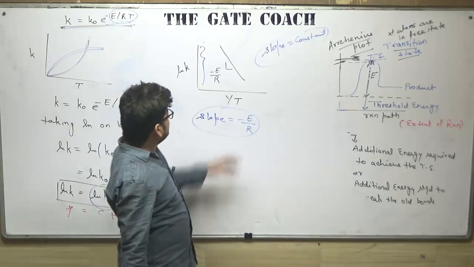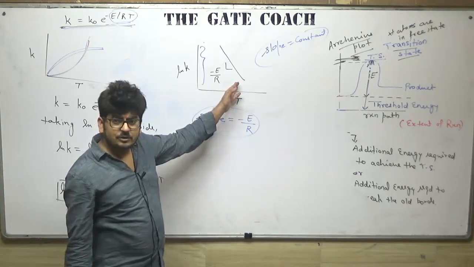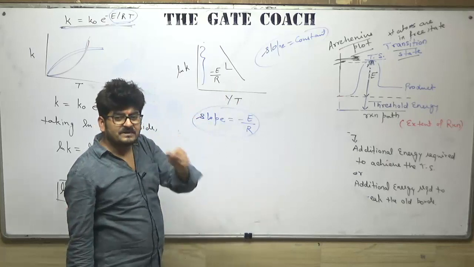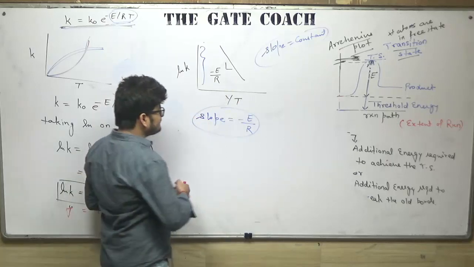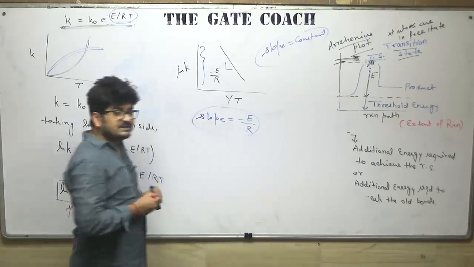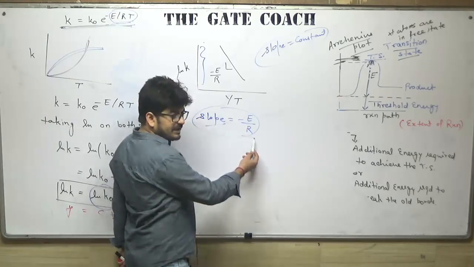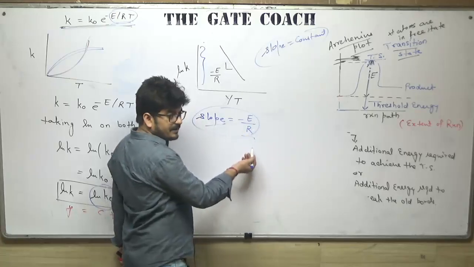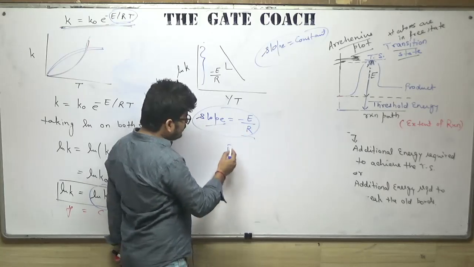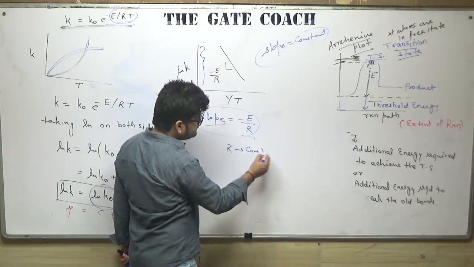Okay. So again, this is a straight line, means the slope will be constant. What is the slope? That is minus E by R. Now see, the slope is constant, and we know that R is already a constant.